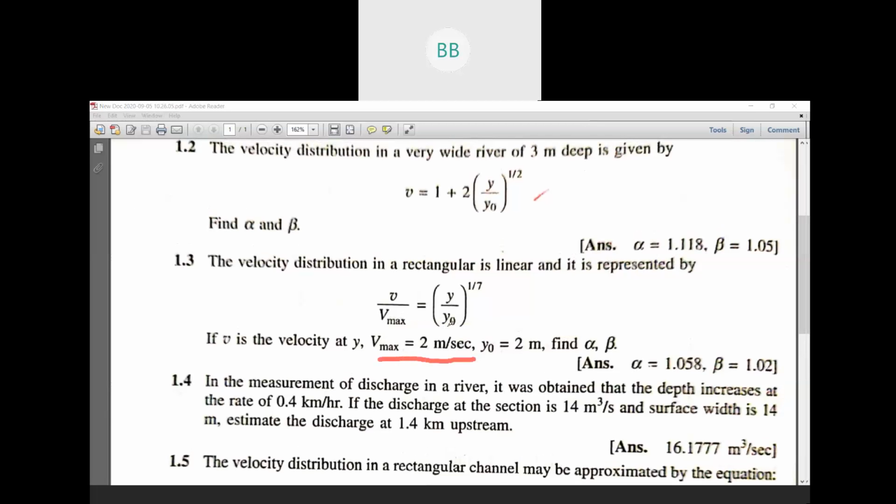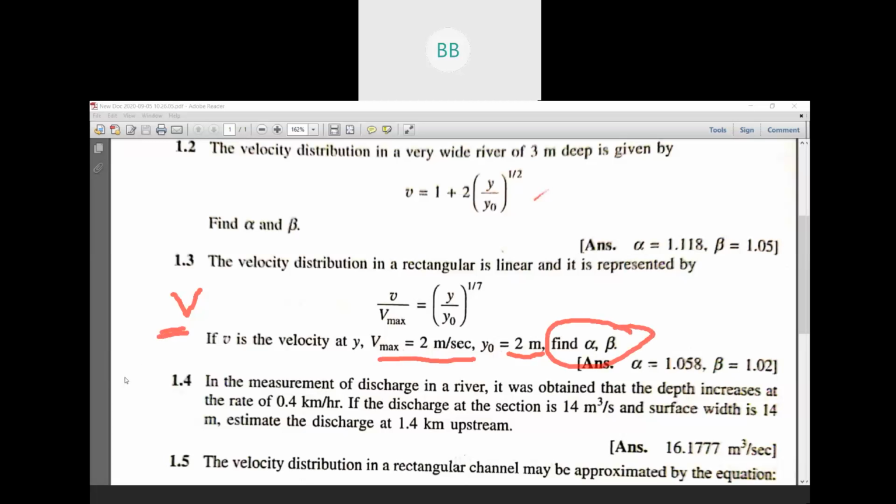Y naught is also given, that is 2 meter. Small v is nothing but the velocity in that particular elementary area. Capital V you need to find out. Don't confuse this Vmax and the average velocity, they are different. To find out alpha and beta we have to first find out the average velocity.